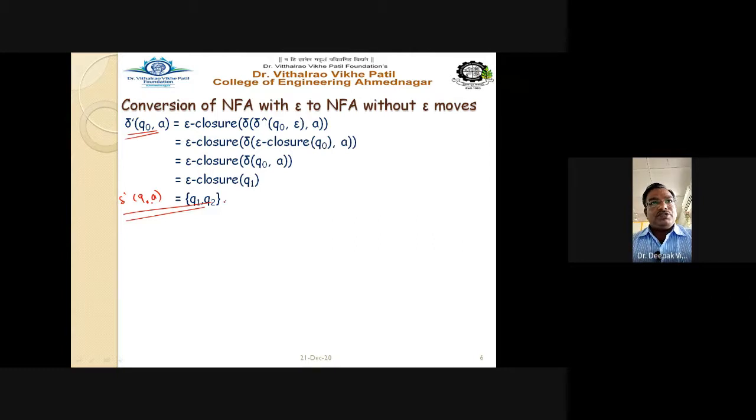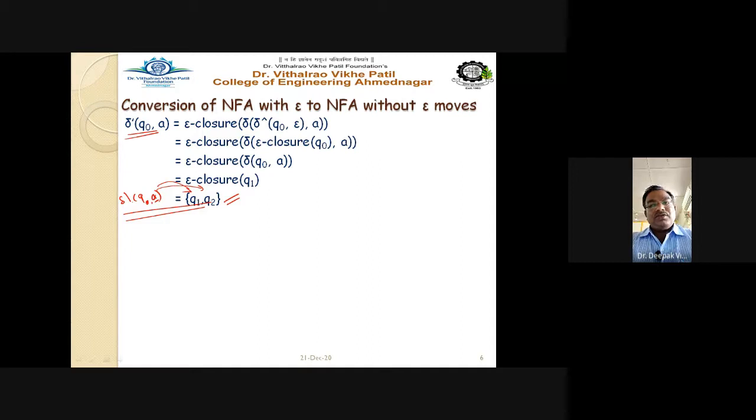This is the solution of the first transition. It means that in the resultant NFA without epsilon, there is a transition δ'(Q0) on input A that goes to the Q1 state and to the Q2 state. Getting this point or not?